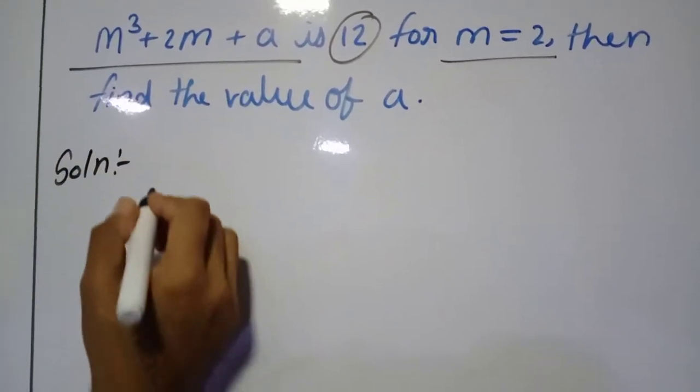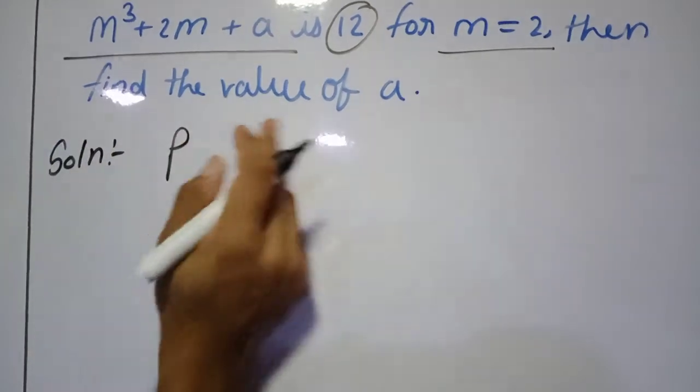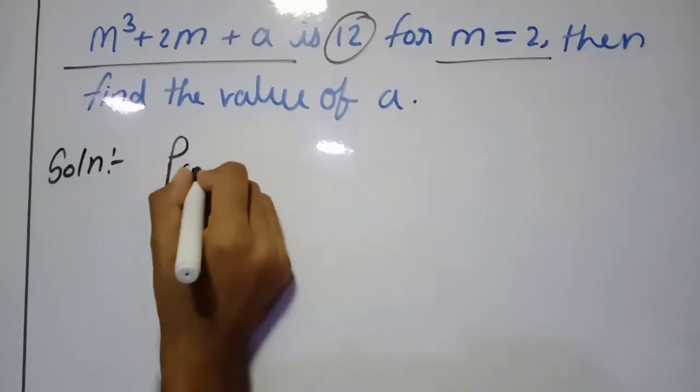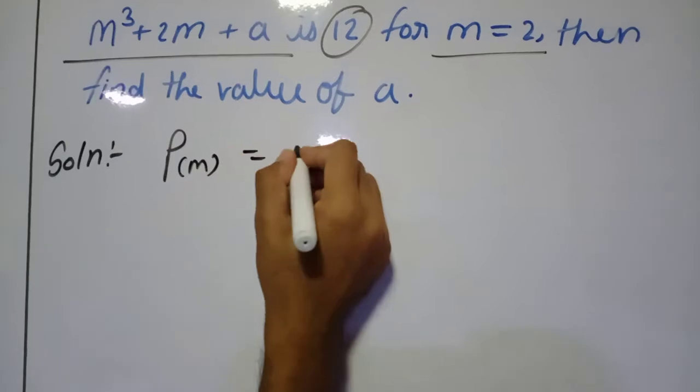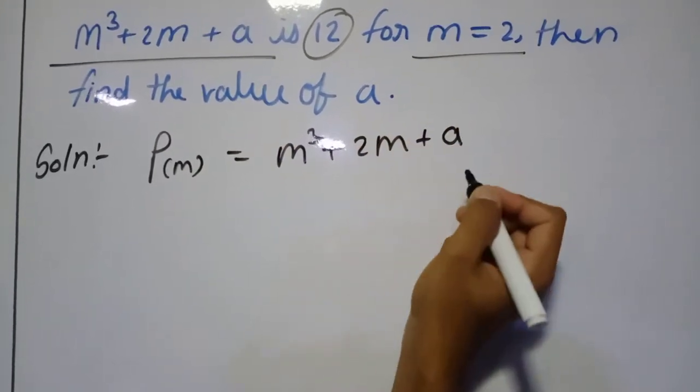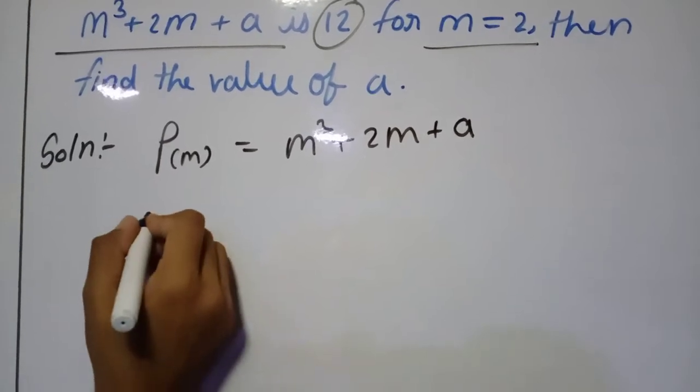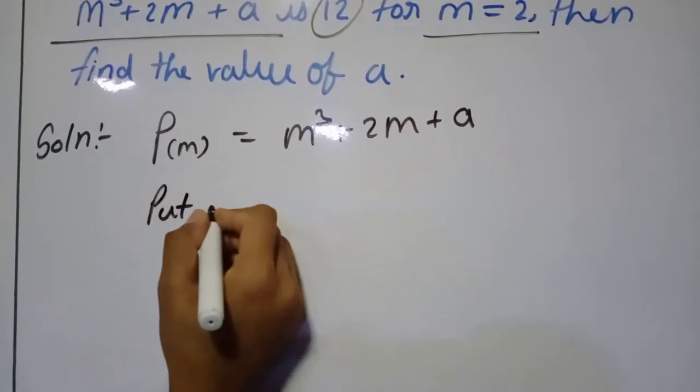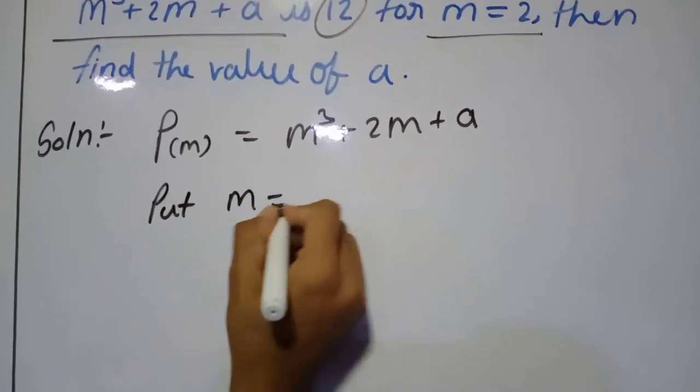So let's start. First we write the polynomial in variable m: P(m) is equal to m cube plus 2m plus a is given. Substitute m is equal to 2.